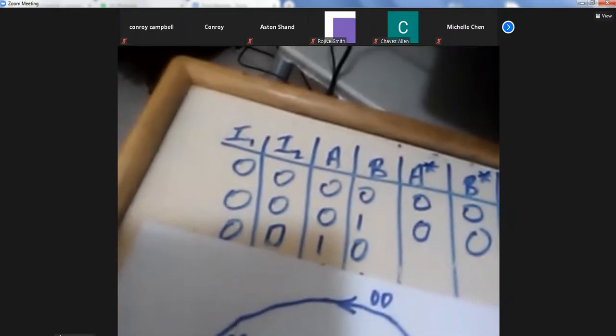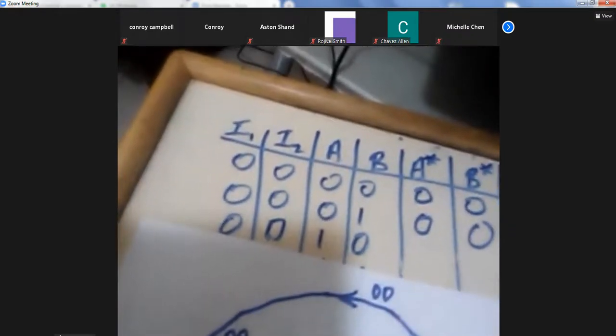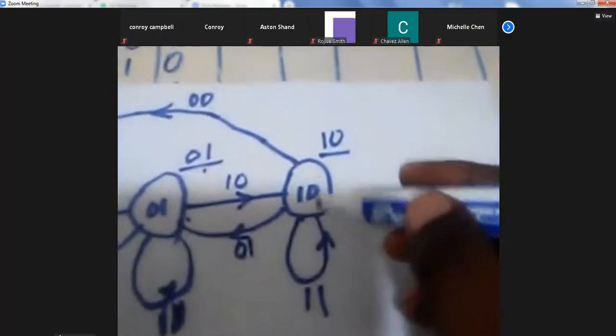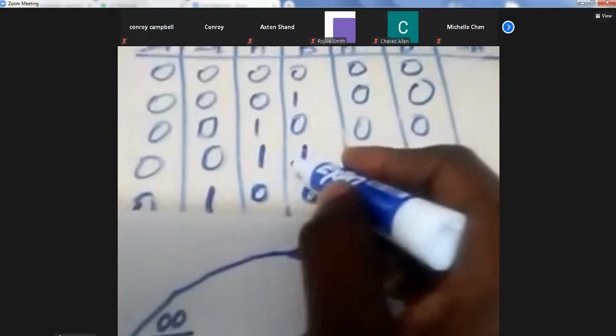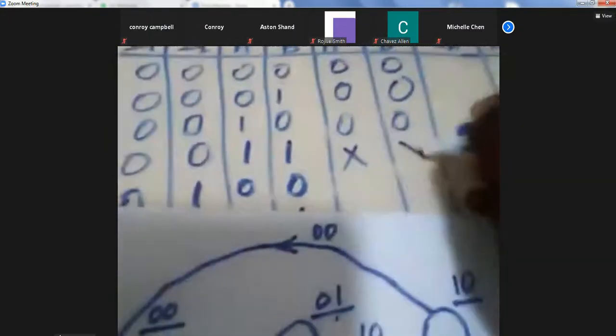If the input is 0, 0 and my state is 1, 0, I go back to 0, 0. So this would be 0, 0 as my next state. And my input is 0, 0 and my state is 1, 1. I ignore the state 1, 1, so I'm going to put a don't care.